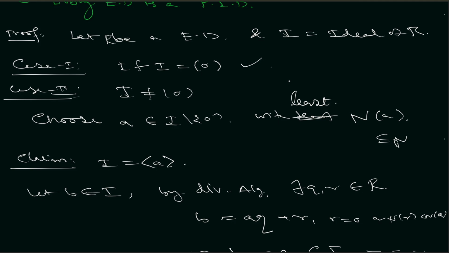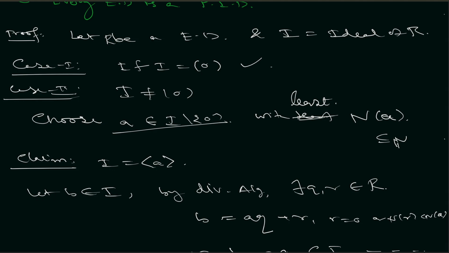So I have taken a non-zero element A from I with least norm, because there is a purpose.